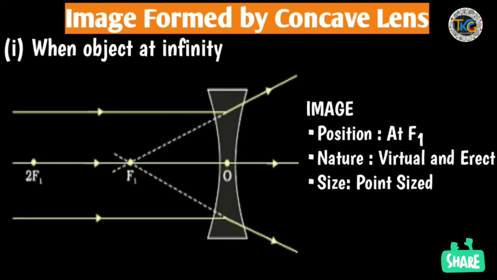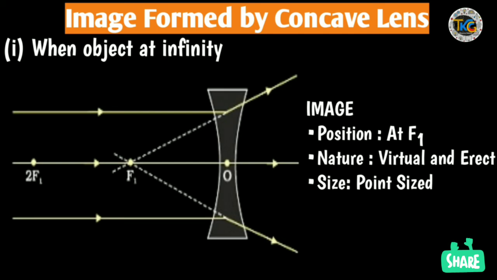These two diverging rays never meet, but if we draw them in the backward direction, they will meet at a particular point, and this point is called the focus point. So here the image is formed at the focus point. Here a real image is not formed, so the nature is virtual and erect, and the size looks like a point object.